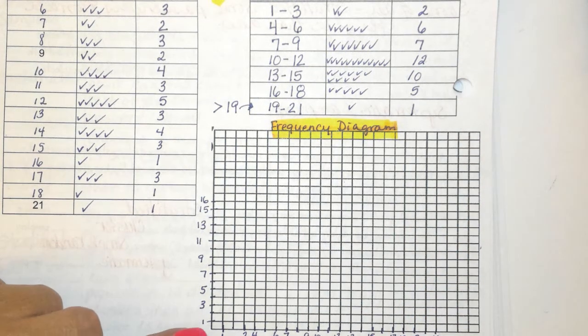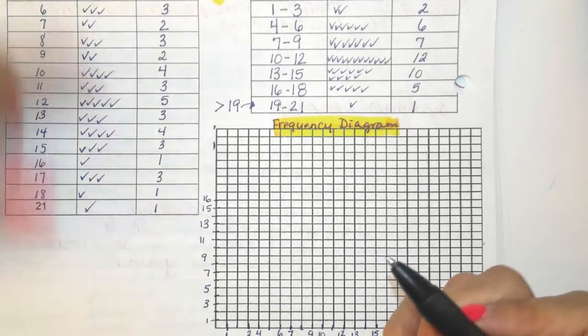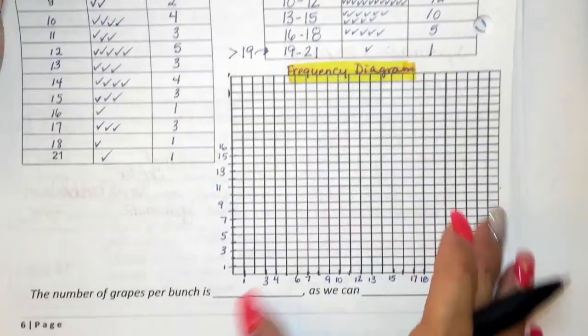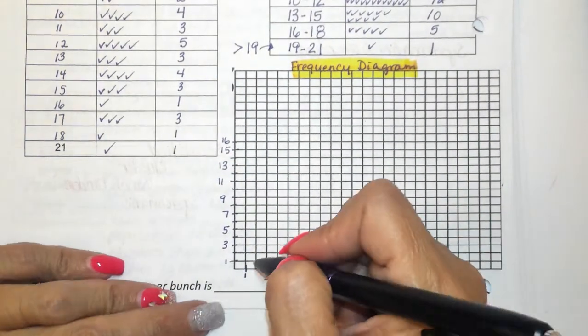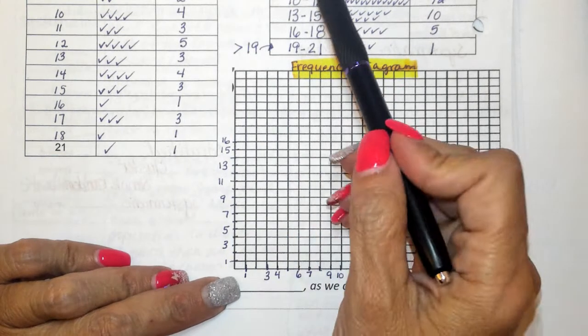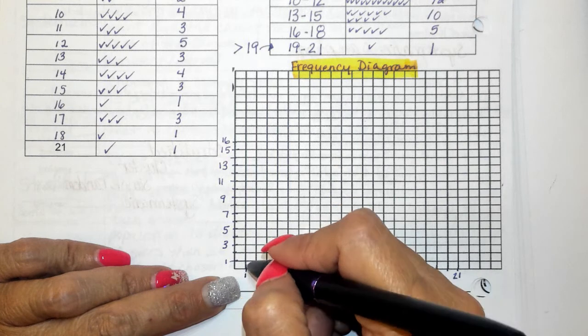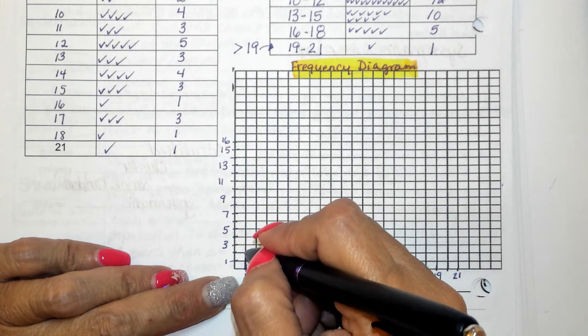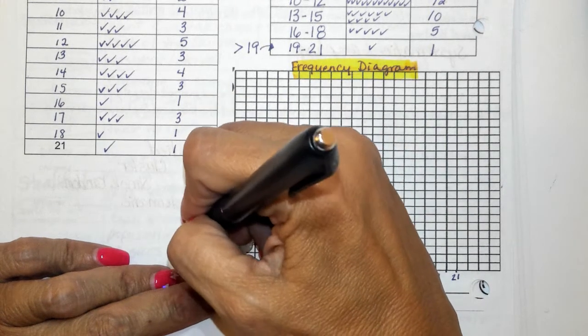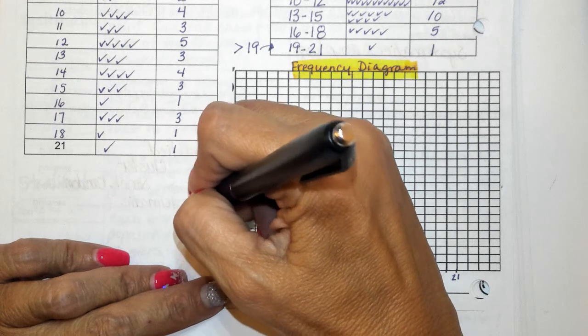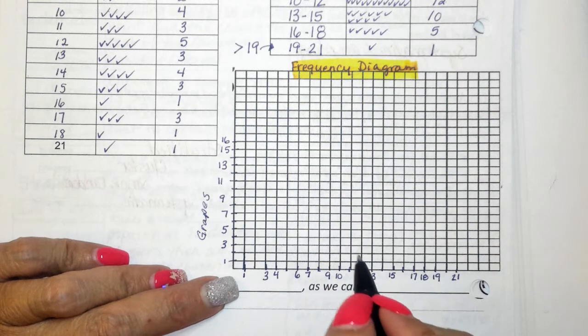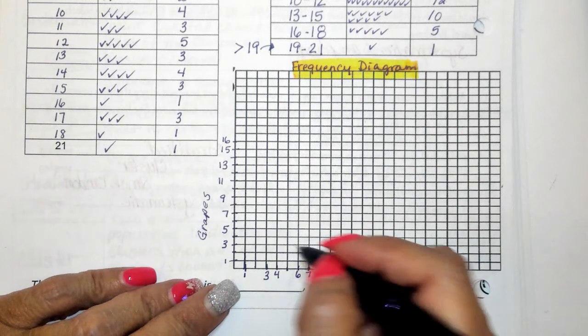So I probably will be able to just look at it from this angle here. All right, so the first bin we've got is 2. So from 1 to 3, we need to go up to 2. So we're going to go up to 2 grapes.